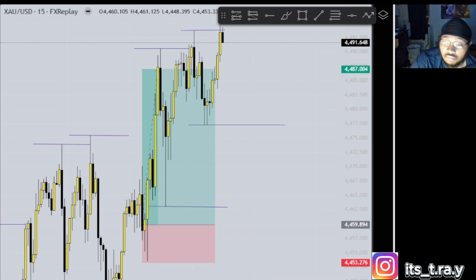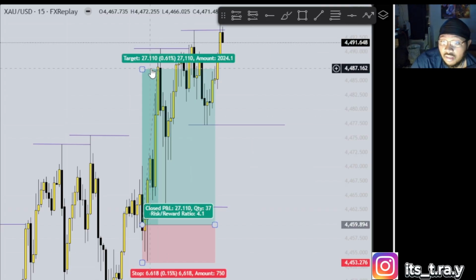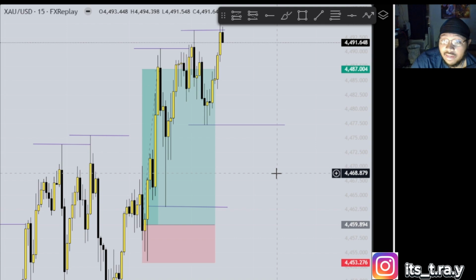Y'all can't see the calculator on my screen, but we said 556, and we could make 4.1 times what we were risking. So once price hit the top up here, it would have taken me out at $2,279.